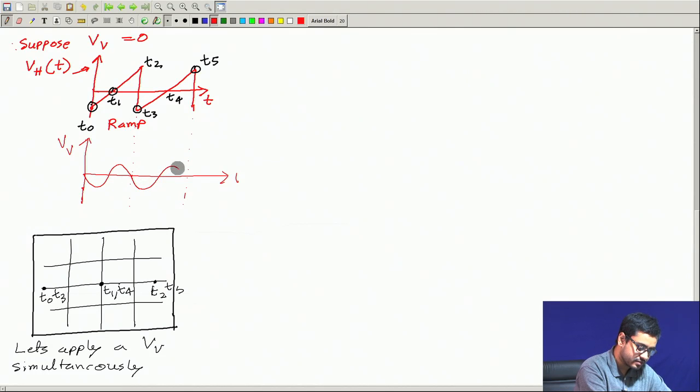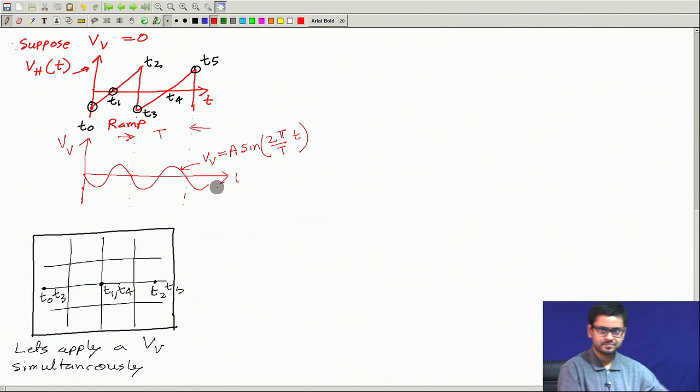Now, I apply this type of voltage. If I call this time period t, then the equation of this voltage should be V equals some amplitude times sine omega t, where omega is 2 pi by t, and this time period t is the same as the horizontal time period.